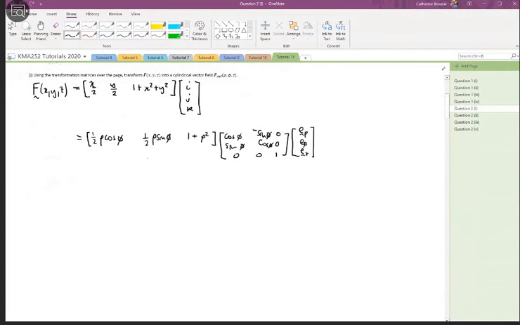And if I do all that, I get rho squared in the rho direction plus 0 e phi plus (1 plus rho squared) e z. So that's my vector field in cylindrical coordinates.